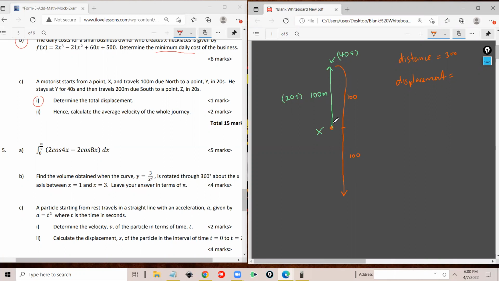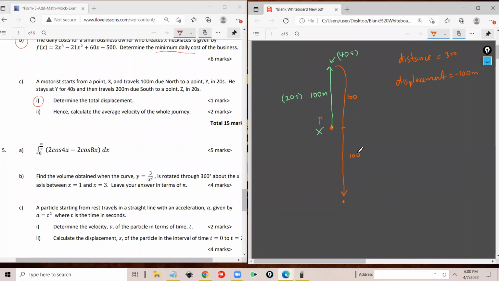So when you're on this side of X, it's positive. Since your final position is on the other side of X, the displacement is actually minus 100 meters, not 100 meters.